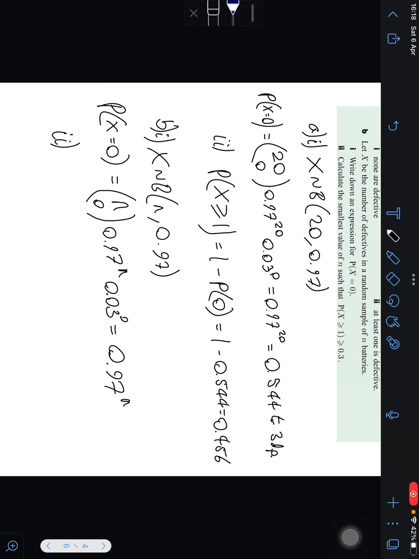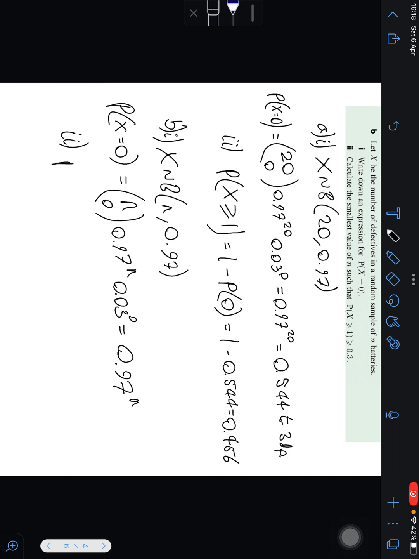Calculate the smallest value of n such that P of x greater than or equal to 1 is greater than or equal to 0.3. Okay. So let's use exactly the same thing that we did before. We know that that's the same as 1 minus P of x equals 0 because it's all the values apart from 0.